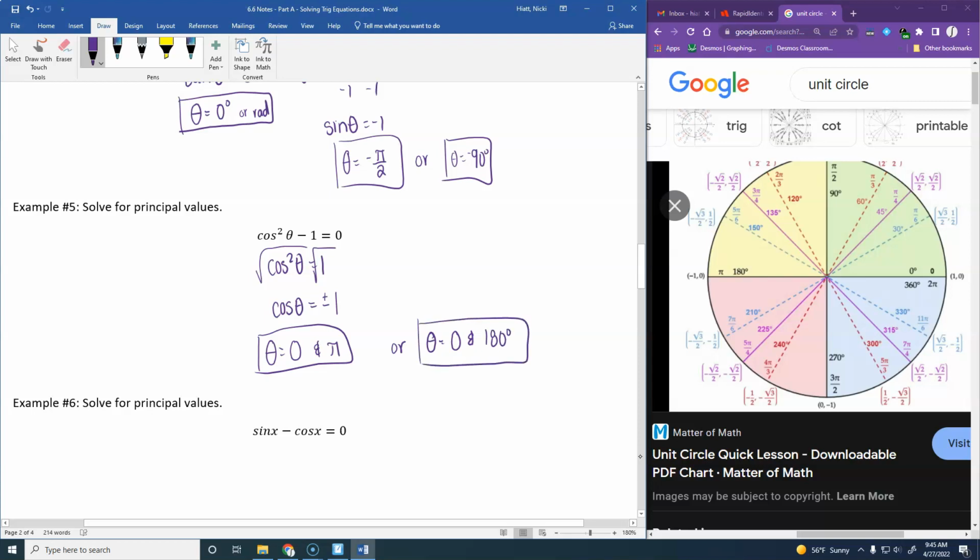Remember, for those, we're looking at 0 to 180, first and second quadrant for cosine. Okay, questions?